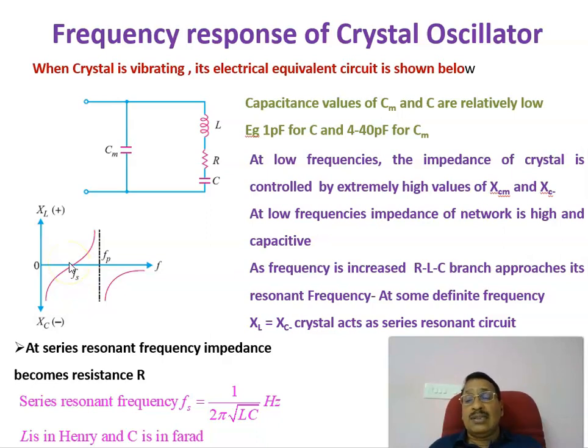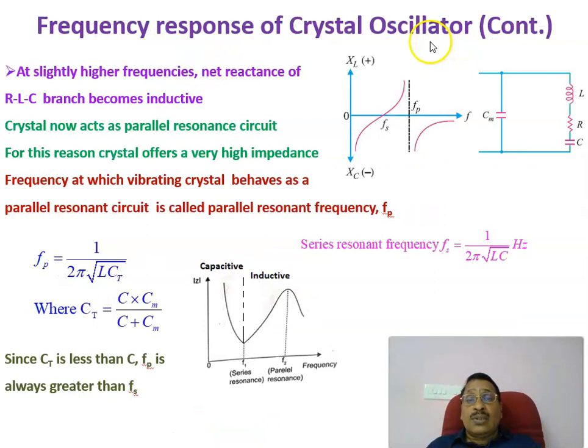At a particular frequency, you get the minimum impedance, that is resistance, when XC and XL are equal and cancel. In the frequency response of the crystal oscillator, frequency versus reactance, if the frequency is less than the resonant frequency 1 by 2 pi root of LC, it is capacitive, and if it is more than the resonant frequency, it will be inductive. The inductive reactance will be more than the capacitive reactance in this inductive region.